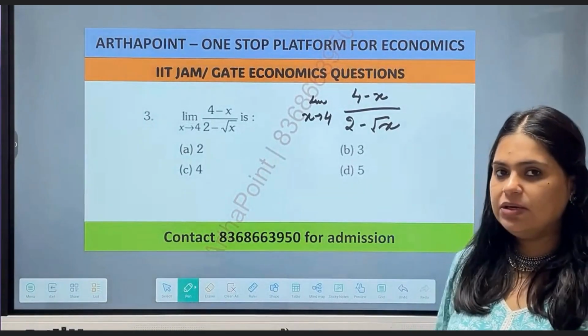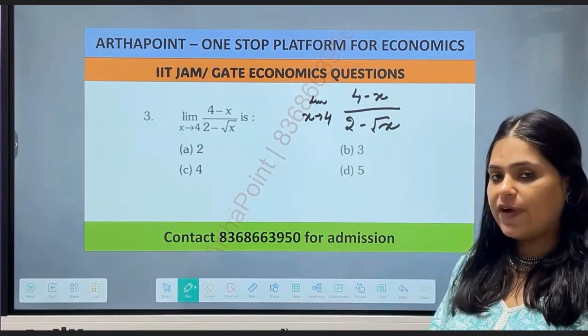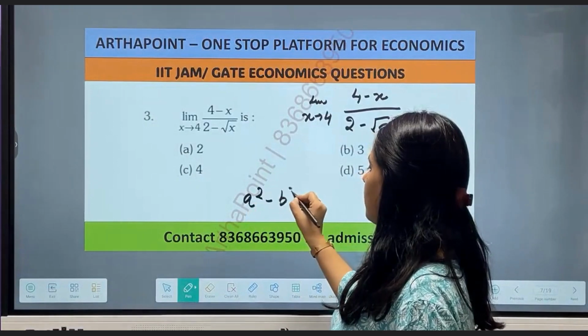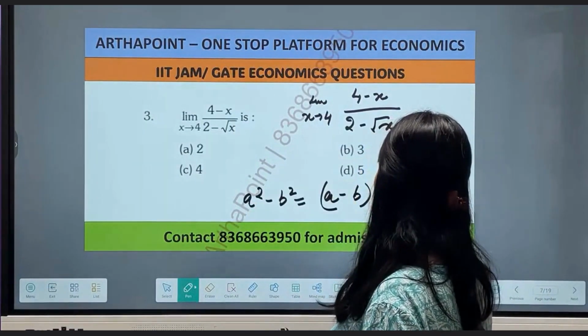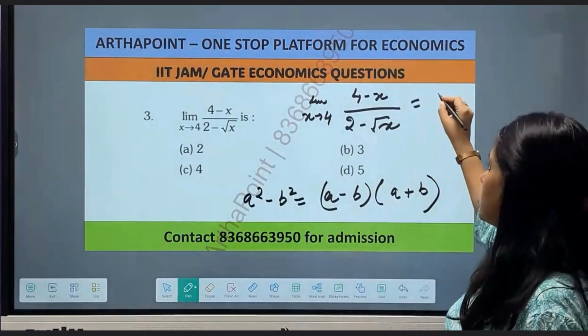I am giving you a hint. Try to write the numerator as a factor. Try to use this rule that a square minus b square will be (a minus b) into (a plus b). If you directly solve this, you will get 0 by 0 form.